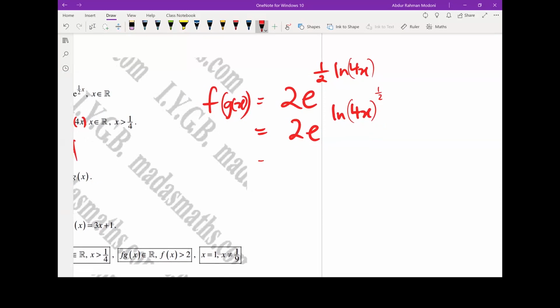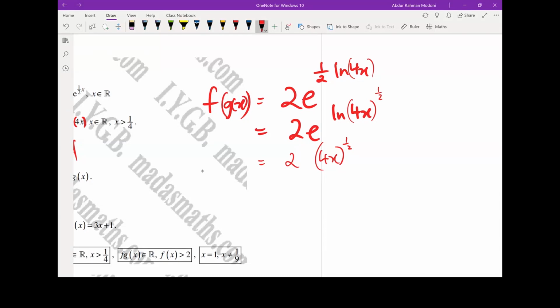What else can I do now? Well, now that I've got it into this stage, e to the power of ln of 4x to the half, I can tidy this up. Now that I've got no coefficient in front of that, I can do e of ln, which are essentially the inverse of each other. So that kind of cancels. So you've got 2 lots of 4x to the power of half.